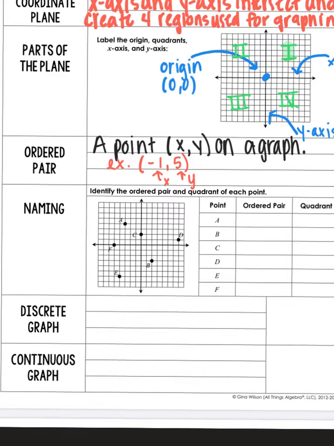When I write an ordered pair, I'm always going to go x, comma, y. And y is, I go 1, 2, 3, 4. I go up 4. So my y value is 4. Because if I cut A all the way across, it cuts the y-axis at 4 and the x-axis at -3.